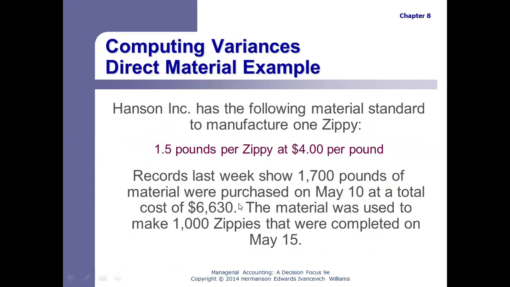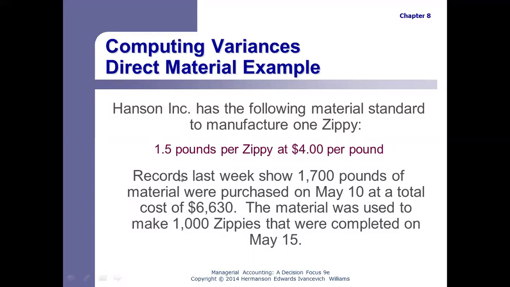Okay, so here's an example of direct materials variances. Okay, so this company makes zippies, and the standard is 1.5 pounds of material for each zippy made, and they have a goal of paying $4 per pound of that material. So these are the standards. Again, standards are developed ahead of time and are like a goal to try to achieve.